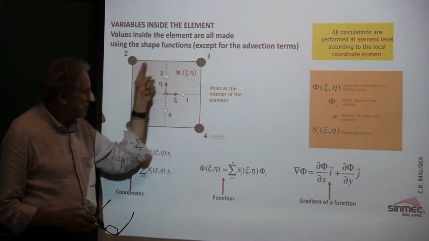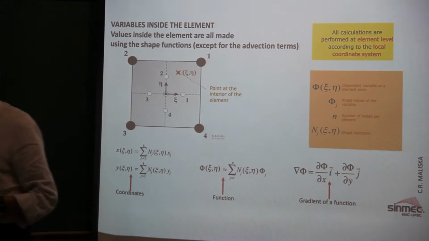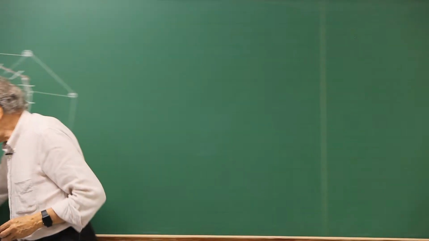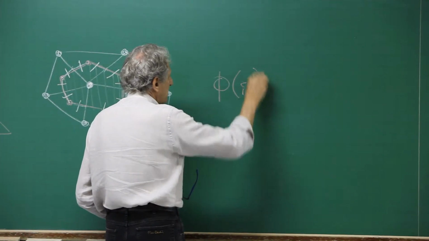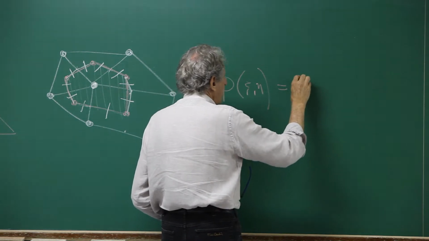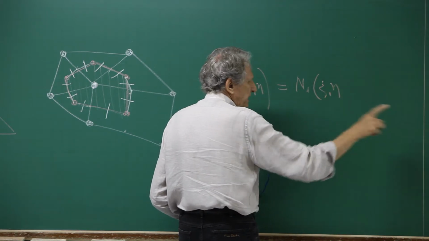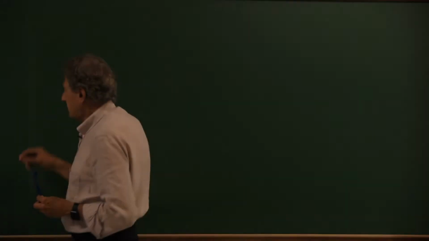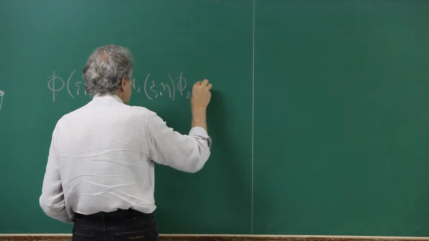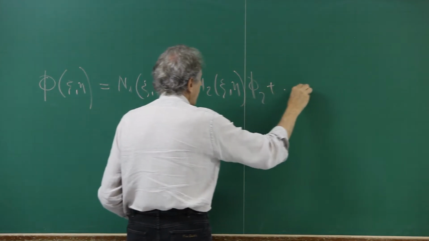And these are the 4. So this is a summation in 4. So this is phi, let's say phi at some xi and eta is N1 at that point xi and eta times phi1, the summation of N1 times phi1 plus N2 at that point times phi2 and so on.